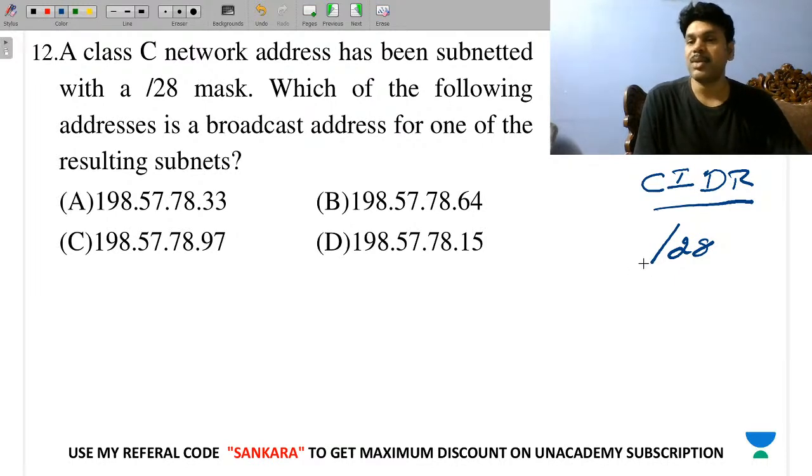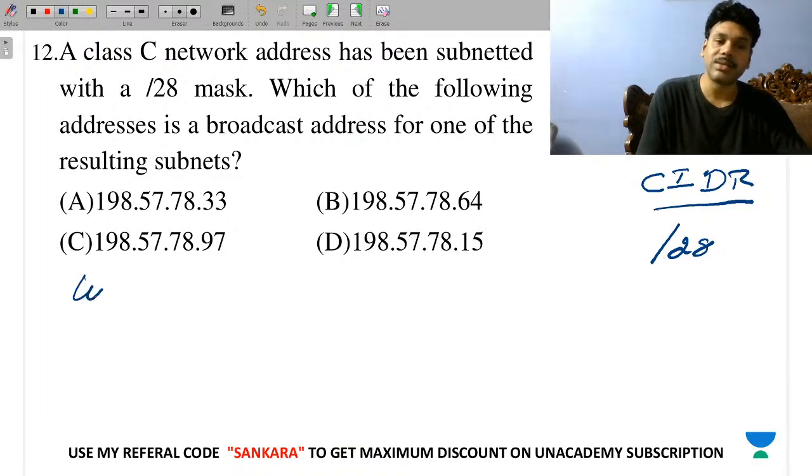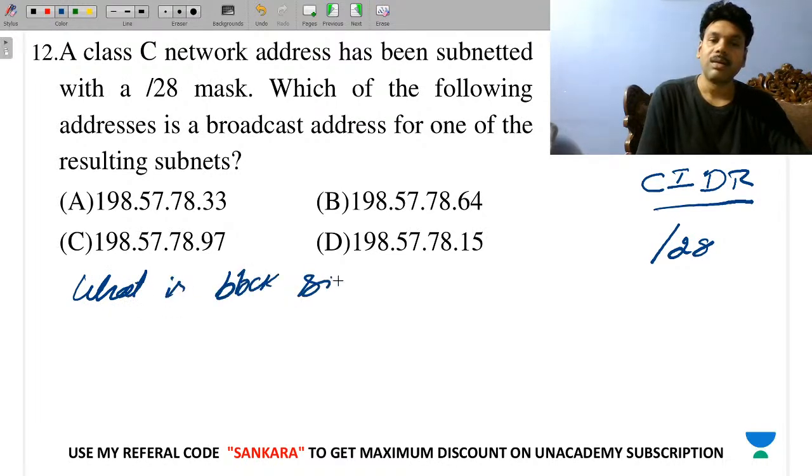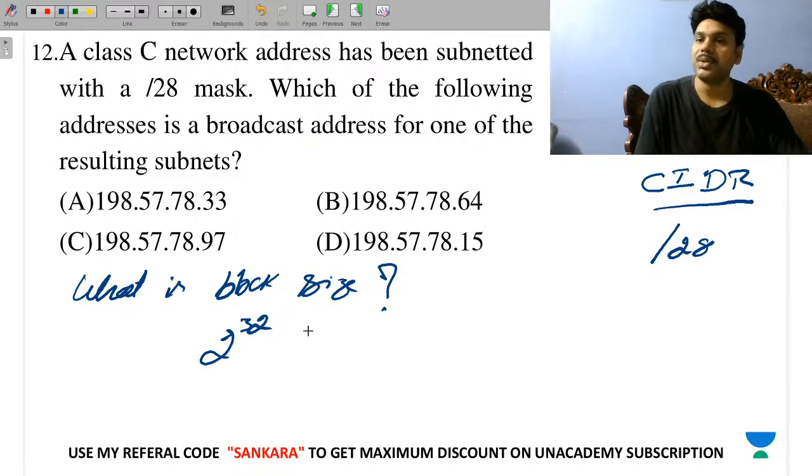Ending block number means what? First you identify what is the block size. Your total IP is 2 power 32, minus 28 ones; slash 28 means 28 ones.